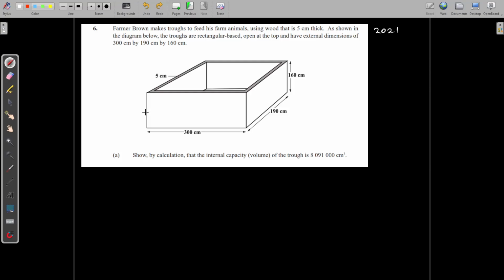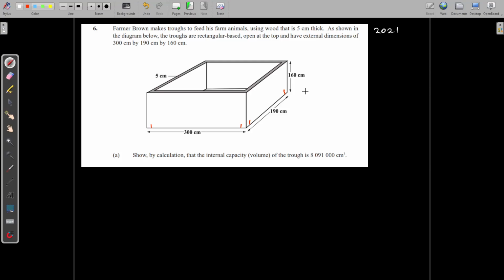So for the side that is 300 here, 5 centimeter would have to be taken from here and here, because of the thickness of the board. For the 190, 5 centimeters would have to be taken from here and here as well.